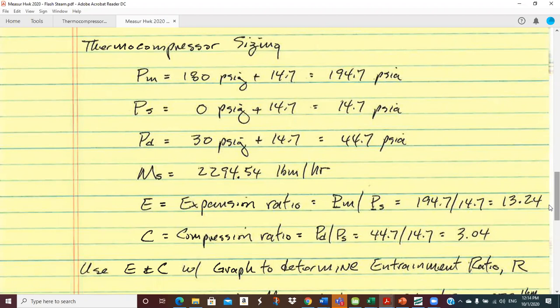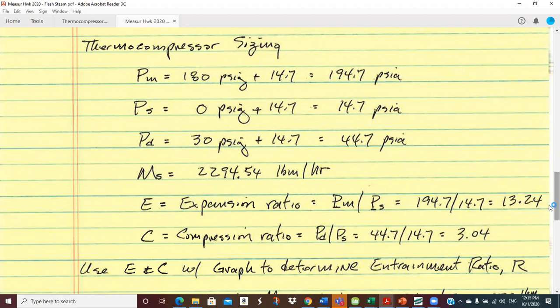So I figure, if we want to go to the 30-pound header, the next highest pressure we've got is 180, and that's significantly higher. So I assumed we would take medium pressure steam, so that's 194.7 psia. And then the P sub S, that's the suction side of the thermal compressor. That's the low pressure, which, this is an atmospheric pressure tank, so it's 0 psig, so it's 14.7 psia.